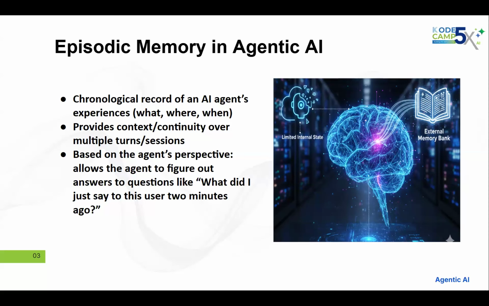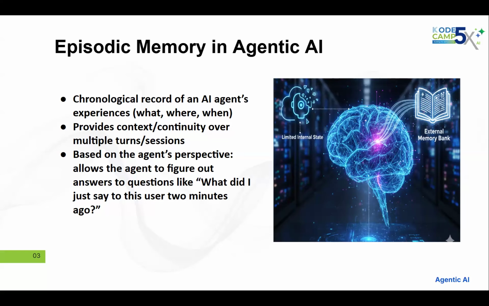It provides continuity over multiple turns. So after the first turn, the episodic memory where you implement it will keep a record of what happened in previous turns, thereby allowing the agent to use those previous occurrences as context for its future actions or for responding to future user queries.